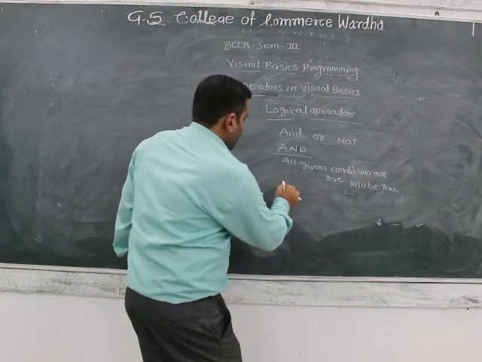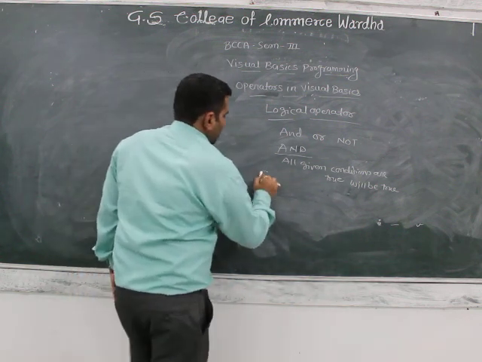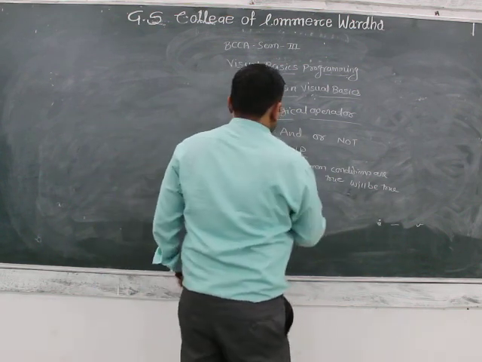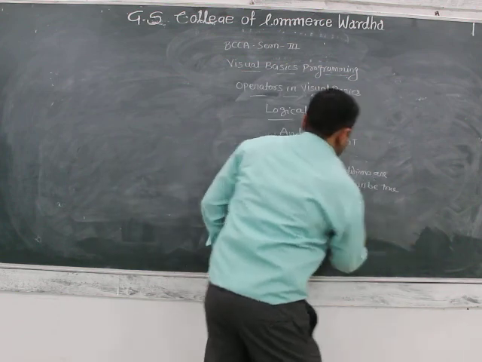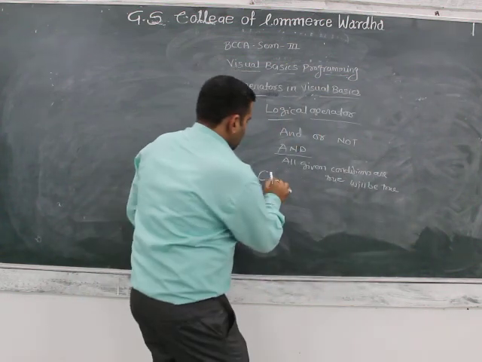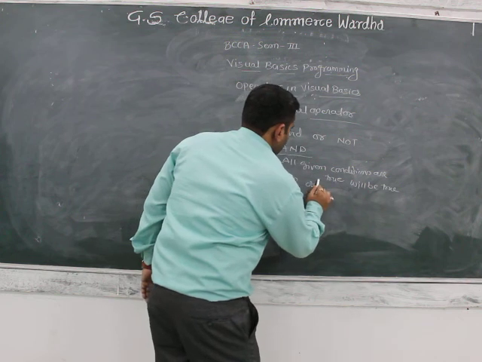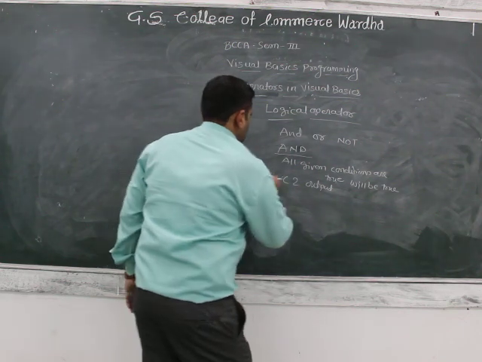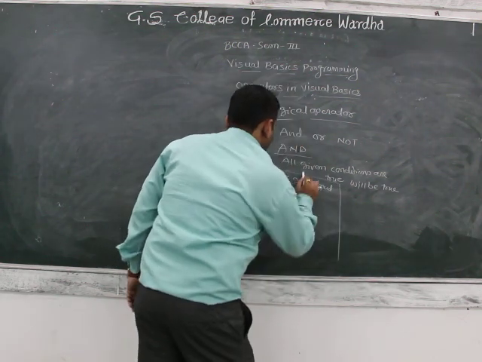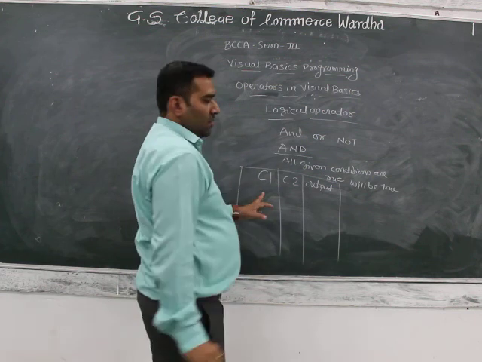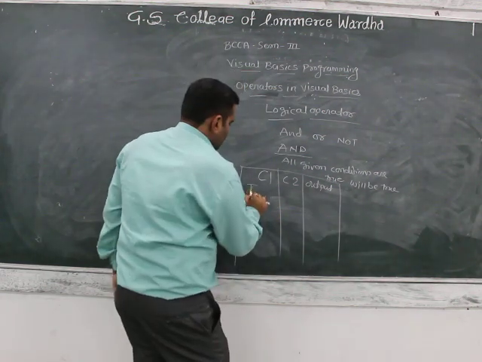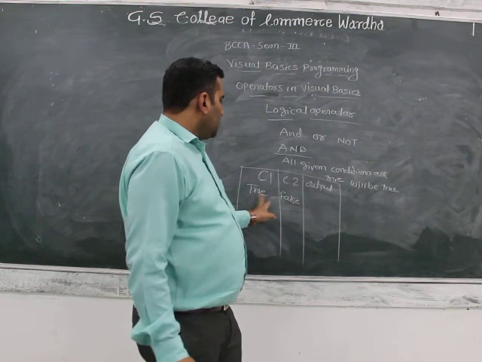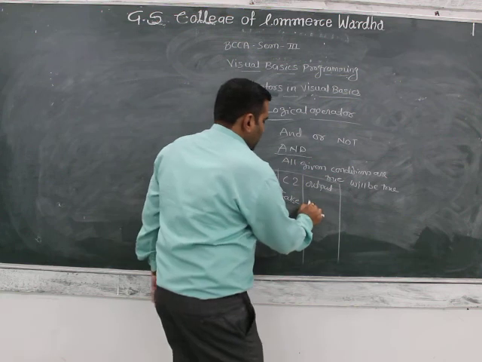In this chart, the first condition is C1 and the second is C2, and then the output. If C1 is true and C2 is false, the output is false.